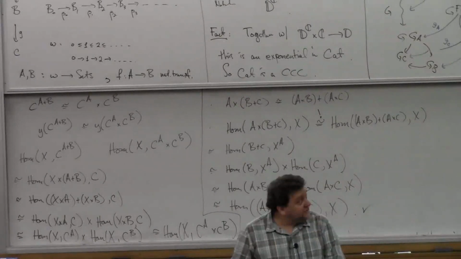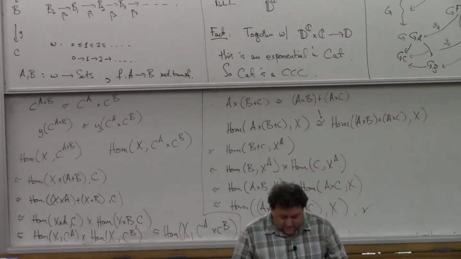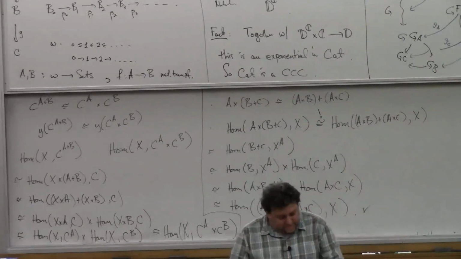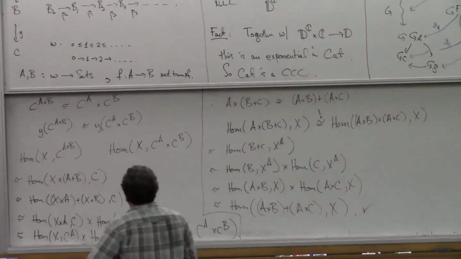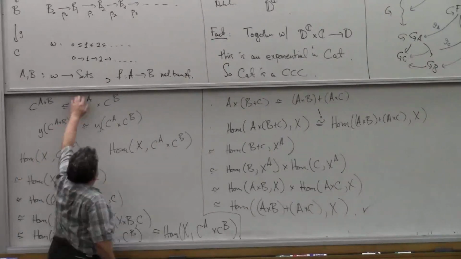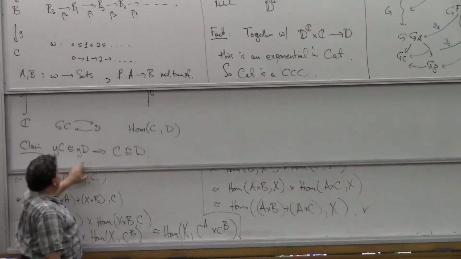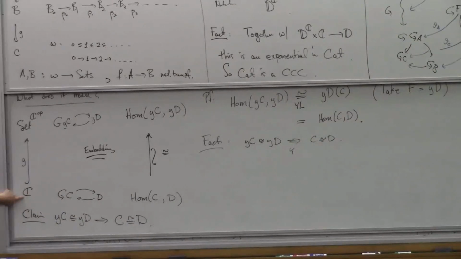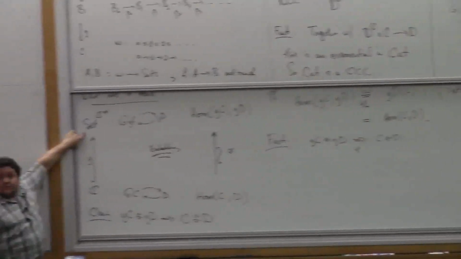Okay, so there's something else that I wanted to say, but of course I don't have time to say it, but I'll just mention it, and then I'll say it next time. And that is, it's good to know that this Yoneda embedding has some, if the category C is known to have some structure that you're interested in, it's good to know that the Yoneda embedding preserves it.